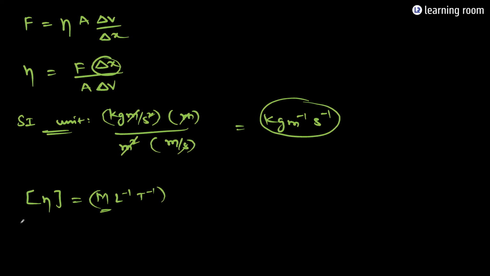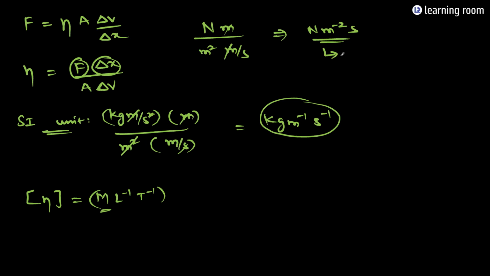Now, if I write this force in terms of Newton itself, then I'll have Newton meter divided by meter square into meter per second. So meter and meter are lost, which implies it is going to be Newton meter power minus 2 into second.